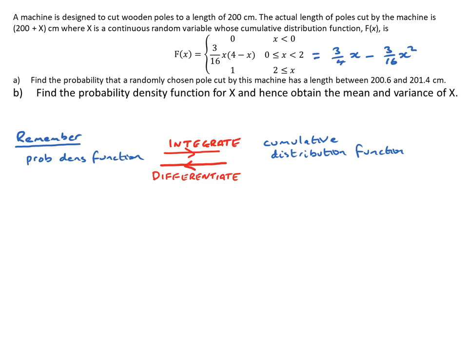So it's now relatively easy to find the probability density function for x. The probability density function, little f(x), is the derivative of the distribution function, and the derivative is 3/4 - 3/8 x for values of x which lie between 0 and 2.